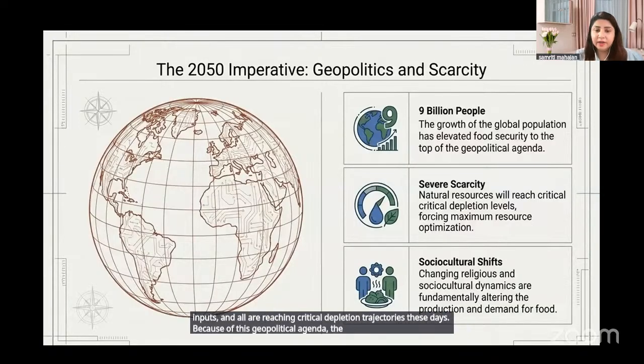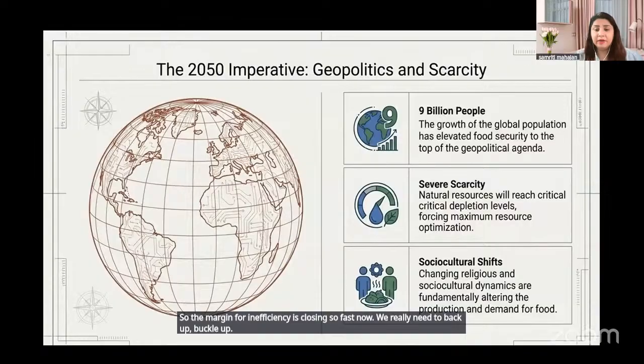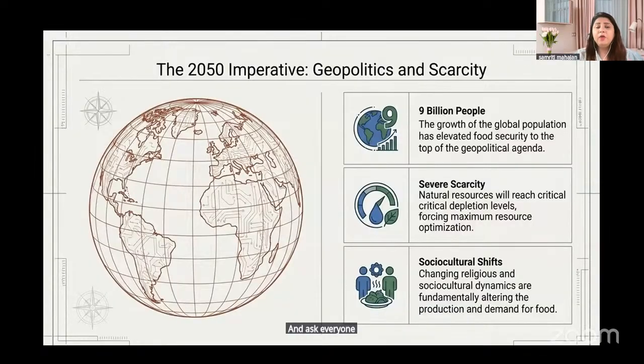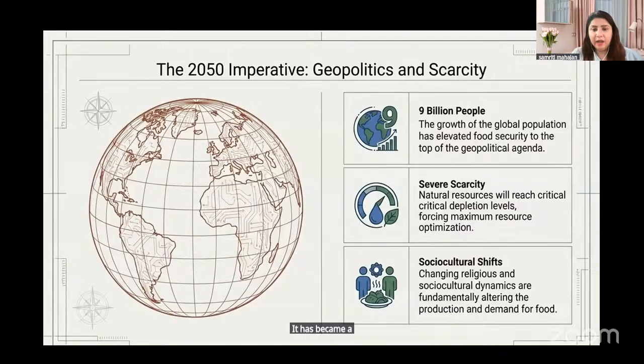The margin for inefficiency is closing so fast now. We really need to buckle up and ask everyone: what about maximum resource optimization? Because maximum resource optimization is no longer an aspiration. It has become a mandate now.